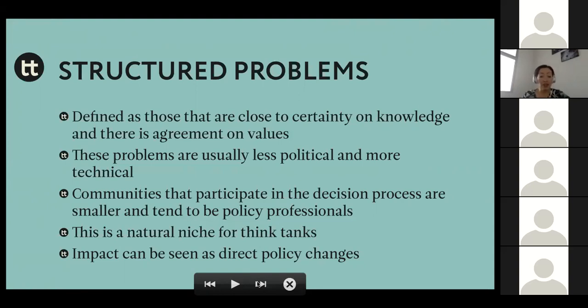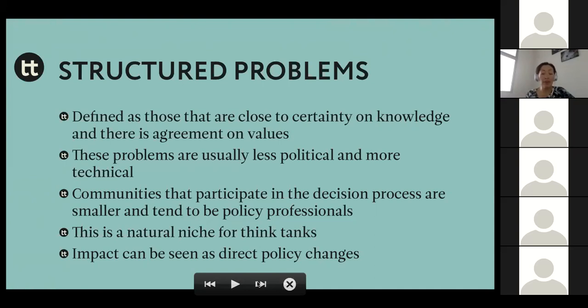This is the natural niche for think tanks, and you will see I have this framework in mind when I'm thinking about many of the things that think tanks do and when I'm working with them. And this is a very usual type of problem that think tanks find their niche in, because they are not as political. It's more about finding the technical solution, and that is what many think tanks are very strong at.